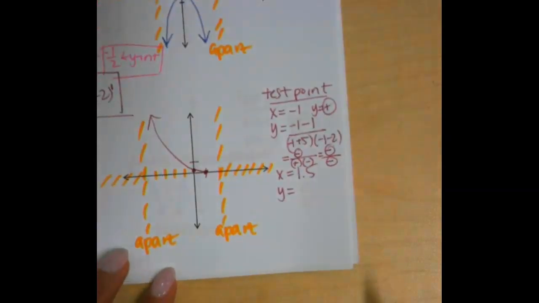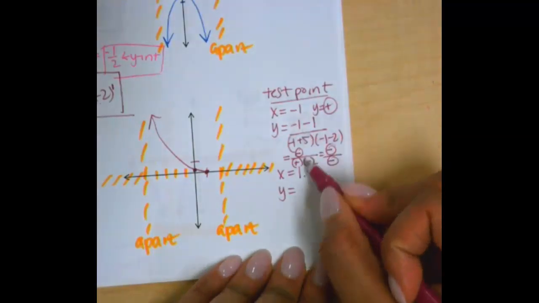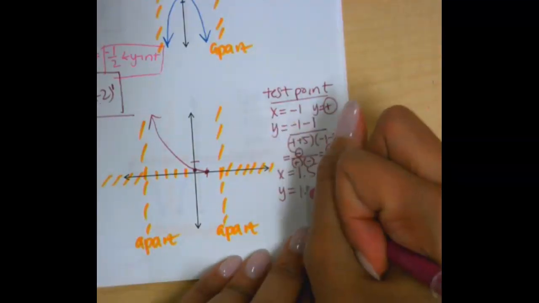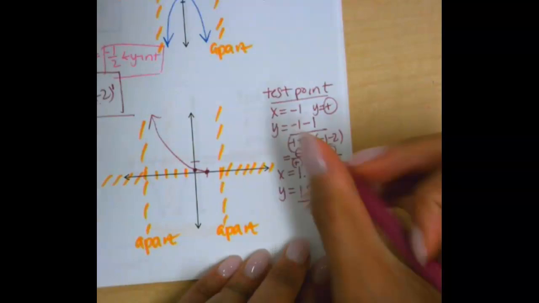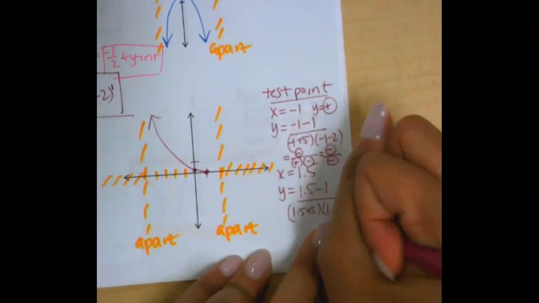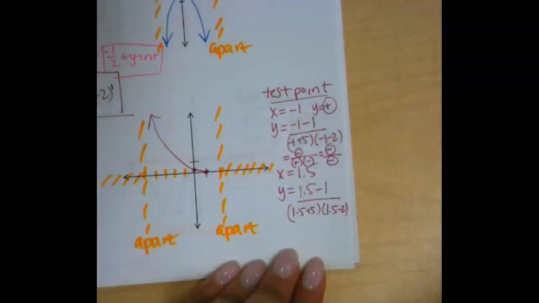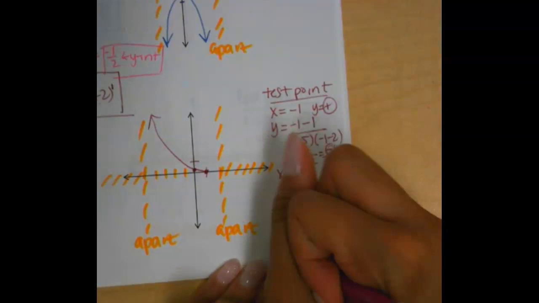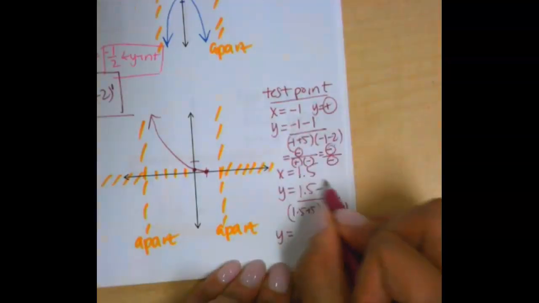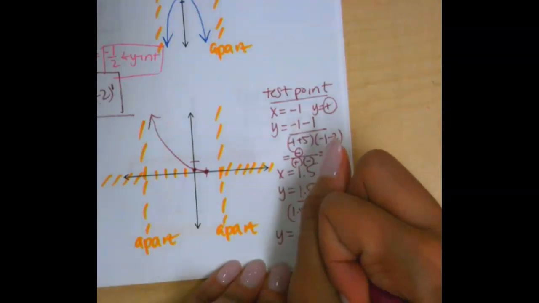Let's check the 1.5 and see what that's going to do. So for 1.5, let me rewrite what I have. We'll have 1.5 minus 1 over 1.5 plus 5 and 1.5 minus 2. I don't care about the exact numbers, I just care about the sign. So y is going to equal, in the numerator, 1.5 minus 1 will give you a positive 0.5.